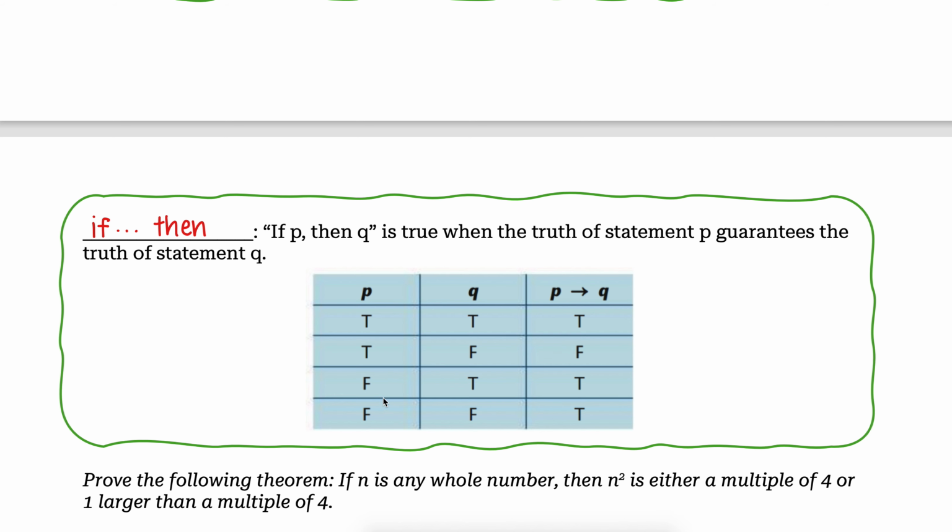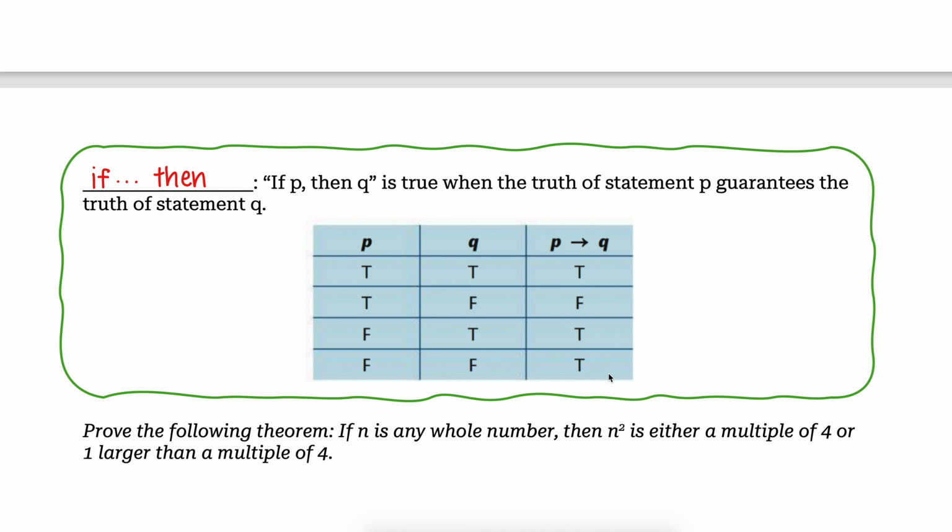If the premise is false, our if-then is still going to be true. And sometimes that can be confusing. But basically, if our premise is false, it really doesn't matter what the second half of our statement says.